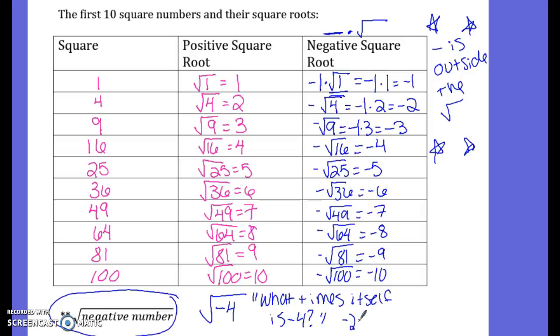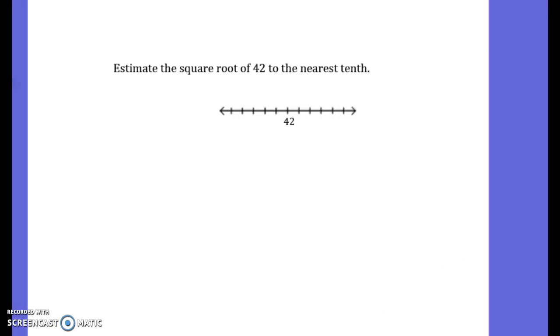Well, let's think about it. -2 times -2 is a +4. That can't work. 2 times negative, well, that's not the same number. They're not itself. So that can't happen. You can't take the square root of a negative number. Can't do it.